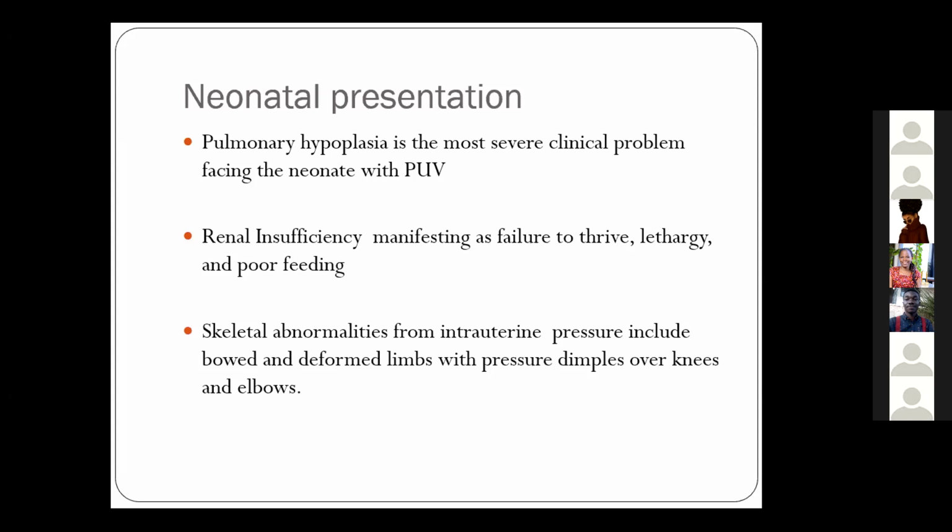pressure. Remember, we said that amniotic fluid is supposed to cushion the baby. It doesn't allow the baby to really get pressure effects. But if there is oligohydramnios, then you'll have pressure effects, and they are more common on the limbs. So you may find deformed limbs with pressure dimples over maybe the knees or the elbows, because those are the most affected parts.